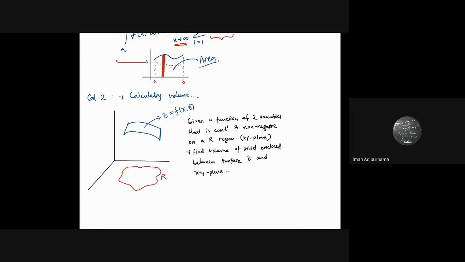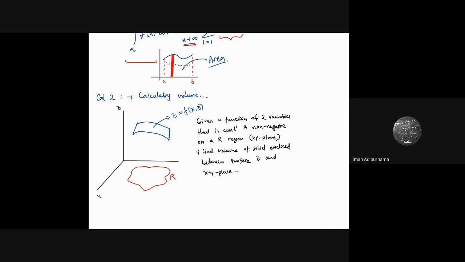So Z is a function of X, Y. What we are going to do first is map the region R to the surface Z. So let's make a cut and make it a square.